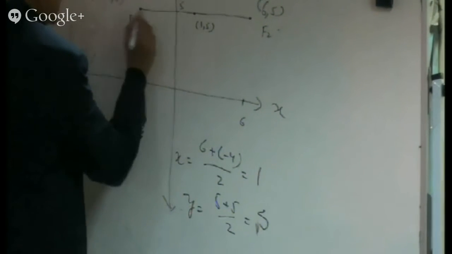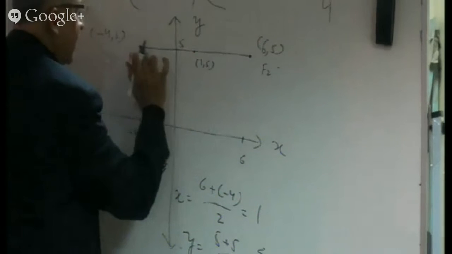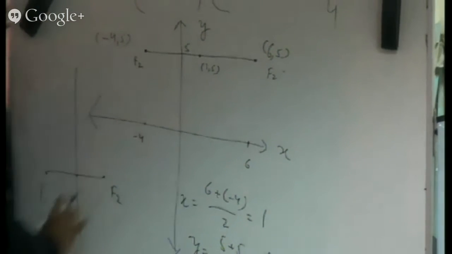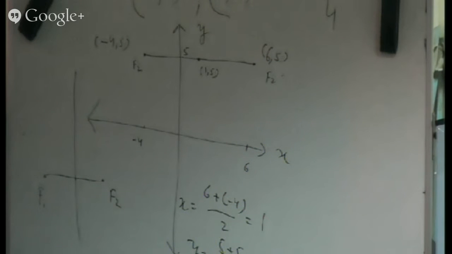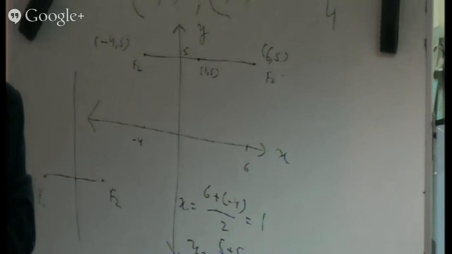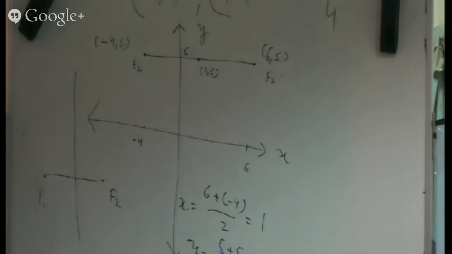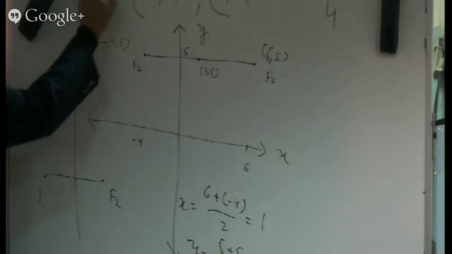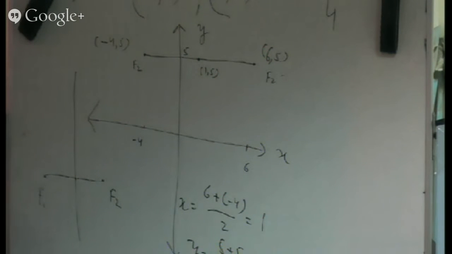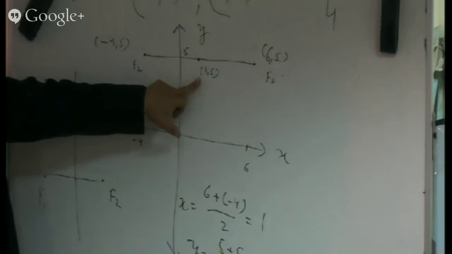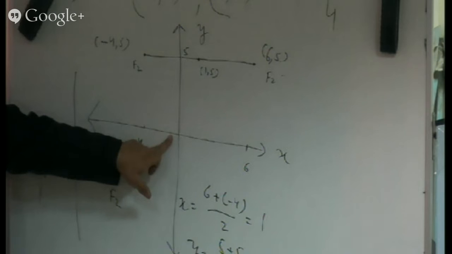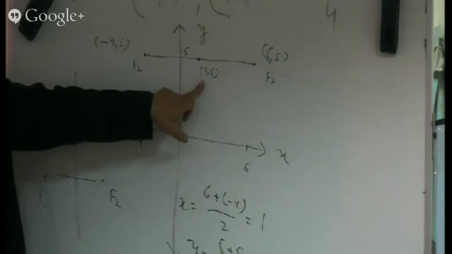But still you can see that all the 3 points, F1, F2, and the center, are lying on a line which is parallel to the x-axis. If this line was not parallel to the axis, there would be a problem with the equations. If the axis were oblique, we would have to look at something else. But still, the center is not 0, 0, but it is somewhere here.